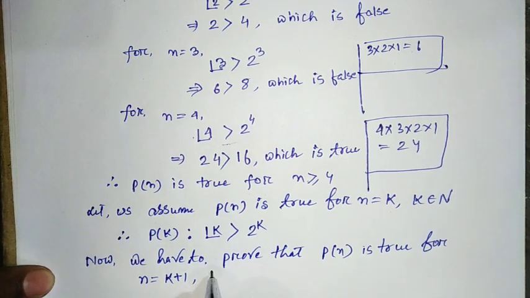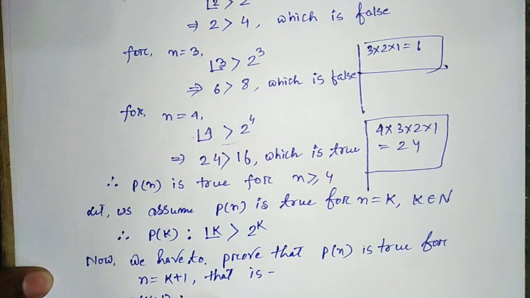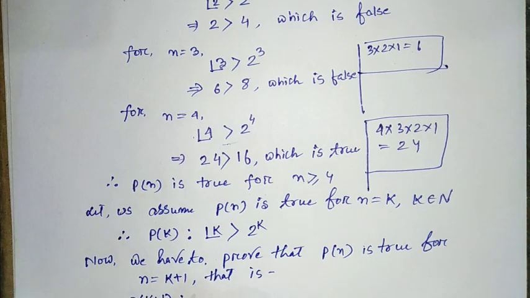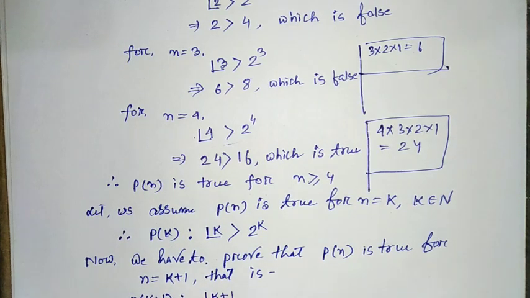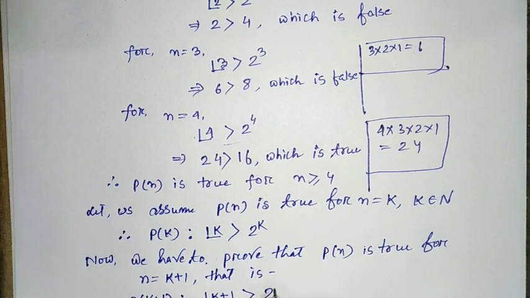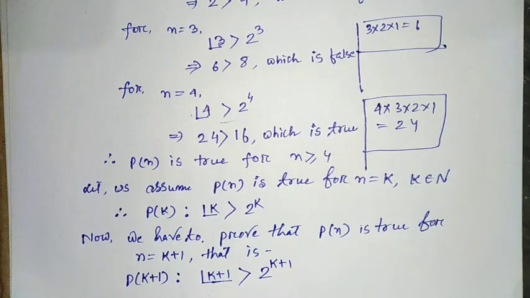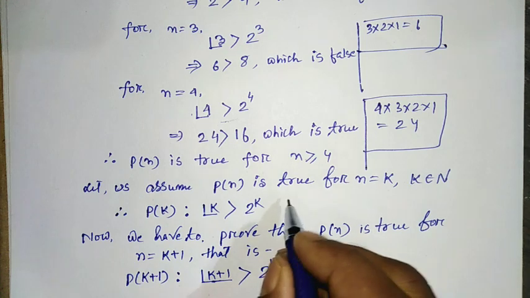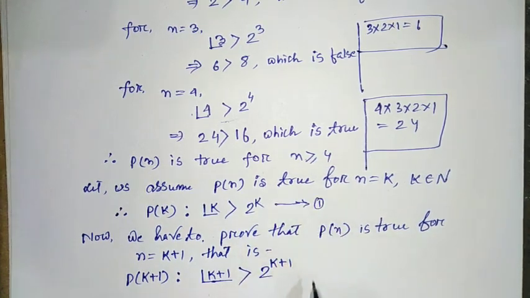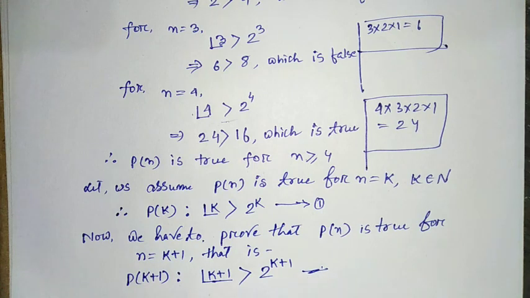That is, Pk plus 1 is: factorial k plus 1 is greater than 2 to the power k plus 1. Now see how this inequality sum can be proved. As some inequalities were proved in the earlier videos, we will proceed in the same process.